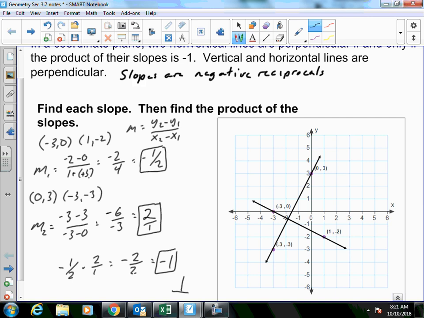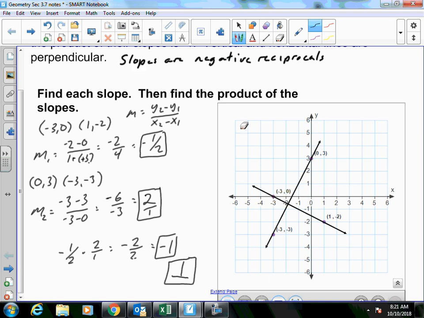Right. Those two lines are going to be perpendicular lines, right? Since the product of their slopes is -1. Questions there? Anybody? All right.